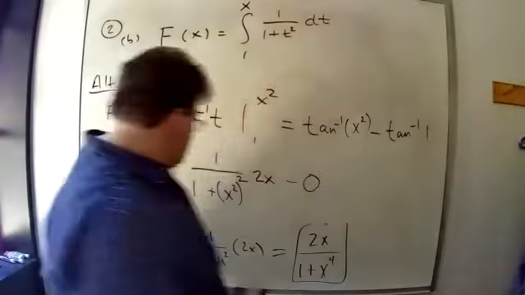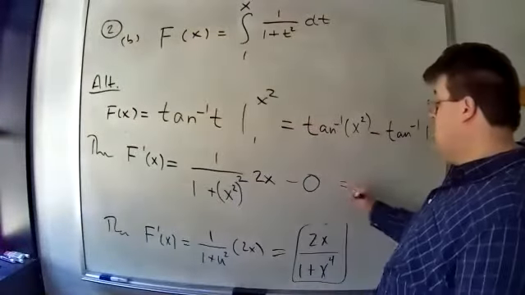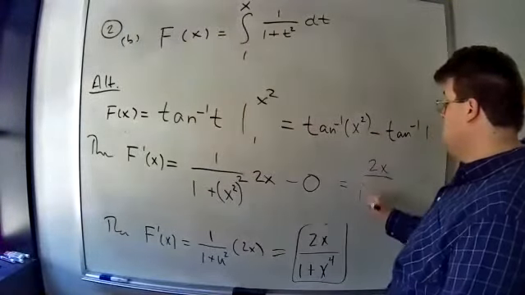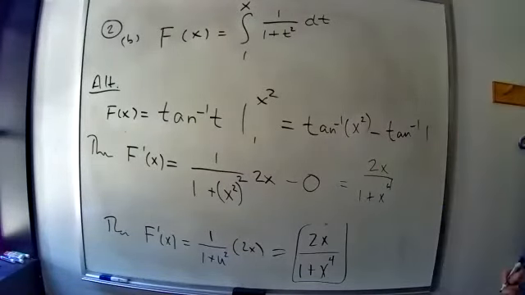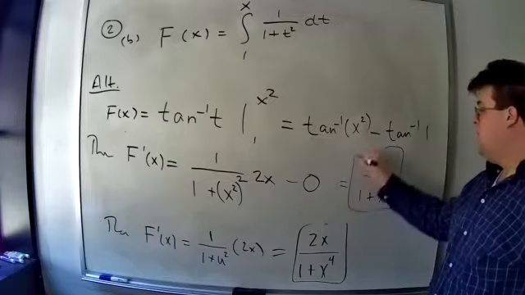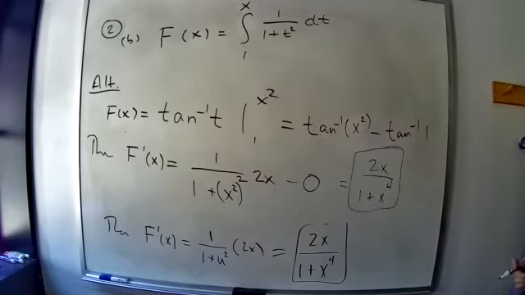And then, of course, this does simplify just like that did into one fraction, 2x over 1 plus x to the fourth. Any questions about A or B?